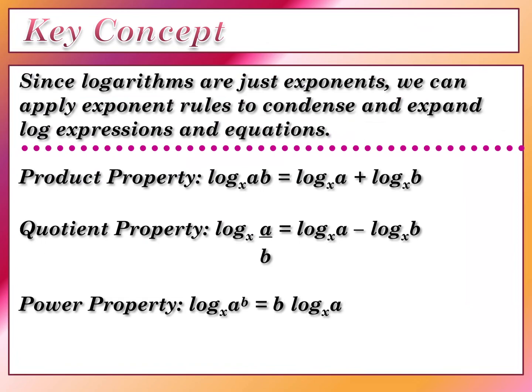Along the same lines is the quotient property. If you are dividing two values in a single log, they can be split apart into two separate logs using subtraction. So multiplication and addition are linked together, subtraction and division.